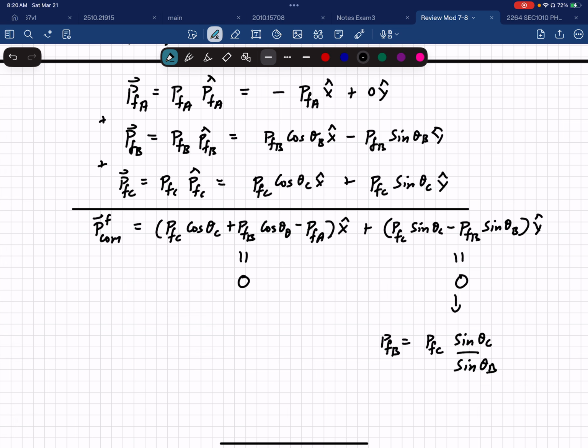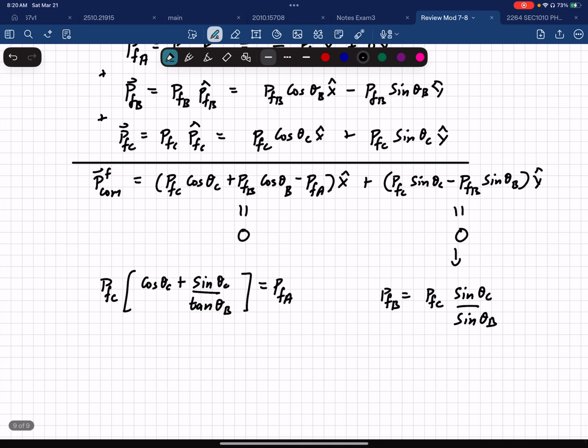And here this is also PFC, which is cos theta C plus cos theta B, not cos theta B, this will be sin theta C over tan theta B, PFA. Okay, good. So this basically encapsulates our entire chapter 7.